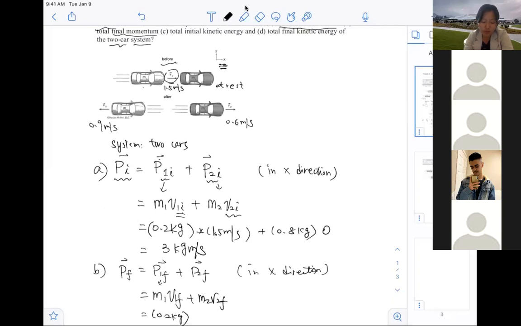So how should I represent my V1 final here? I would write V1 final as how many meters per second? What are your thoughts? How do we write V1 final here?